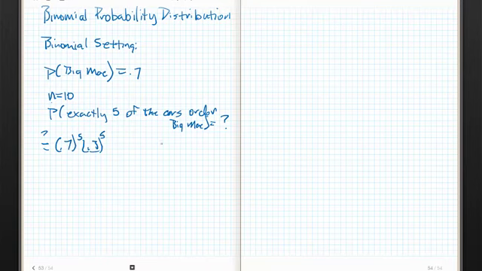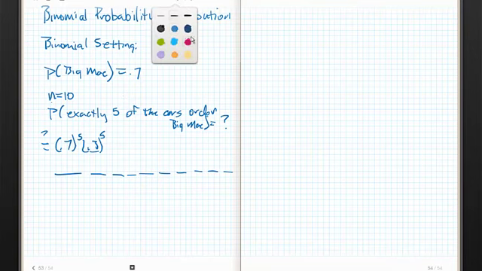Well, here's the problem. Let me show you this. You're on the right track. 5, 6, 7, 8, 9, and 10. The problem with this probability right here is there's this weird assumed order to it.